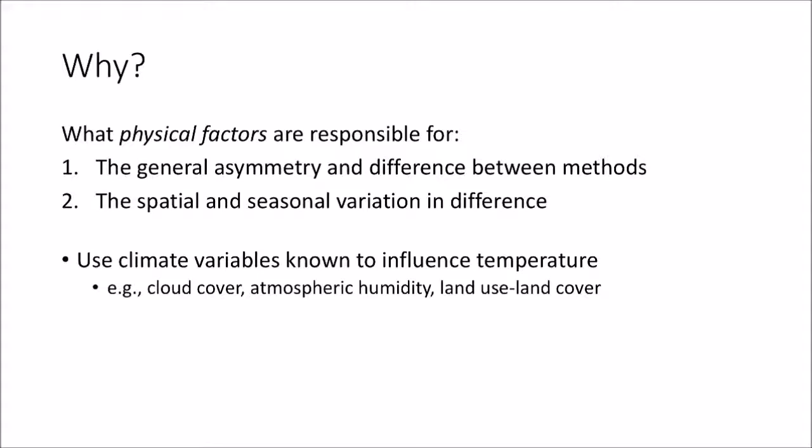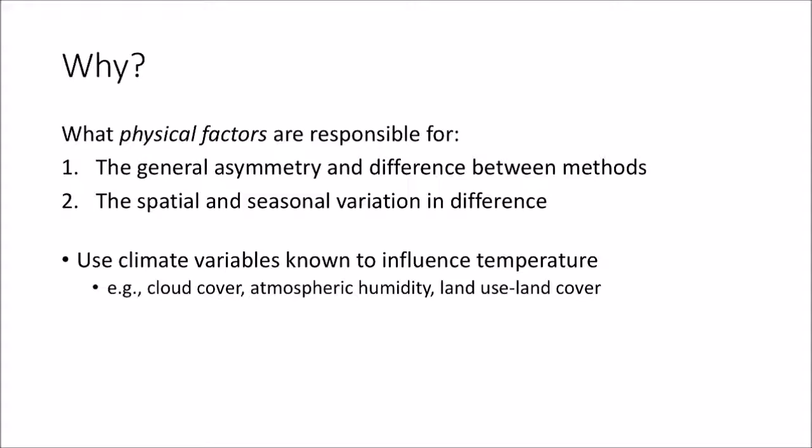So again, I try to explain what physical factors are explaining these, I think, at least interesting spatial and seasonal patterns, as well as the first thing: what's the general asymmetry being caused by in the daily temperature curve, and what climate factors are most key in controlling it.